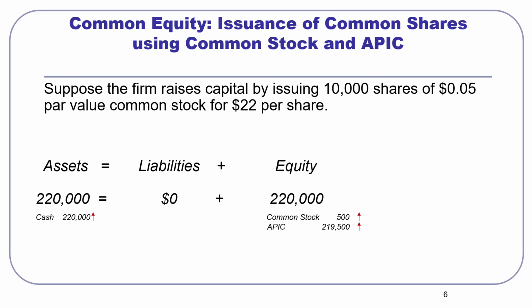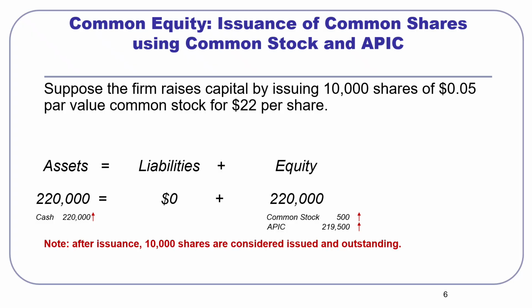The remainder is plugged to the APIC account for $219,500, as this represents the additional amount paid by investors over and above the par value. Note that after issuance, 10,000 common shares are considered issued and outstanding. That means the firm sold them and they are out in the marketplace.